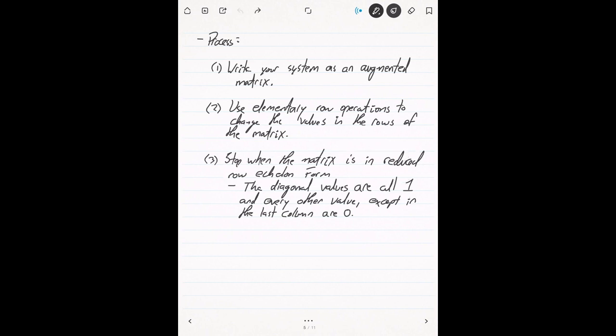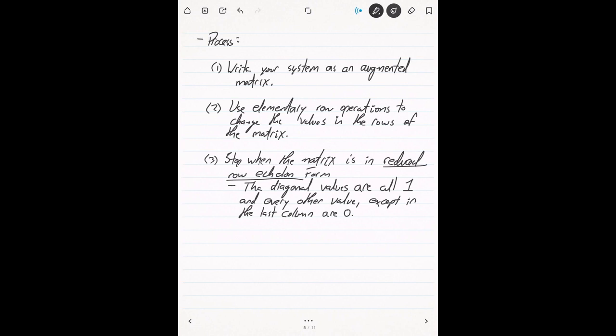So as you're using these three rules to keep changing the numbers around, you want to stop when it's in reduced row echelon form. That's when the diagonals of the matrix are all ones, and every other value, except those in the last column, are 0. Here's what I mean by that.